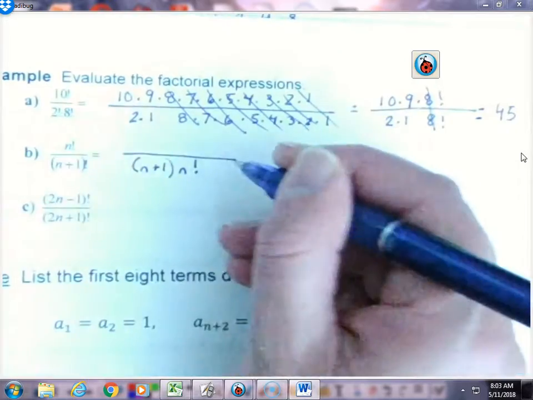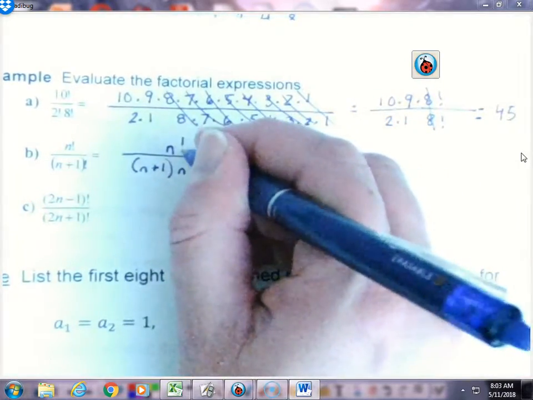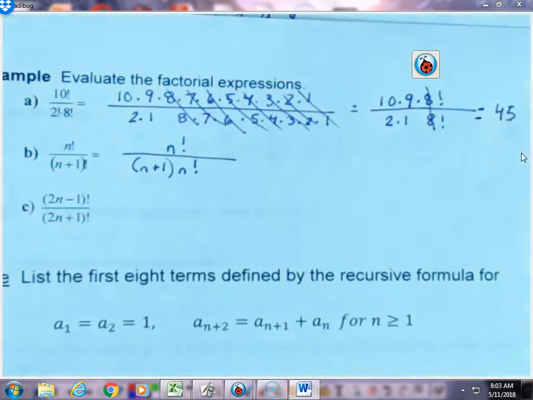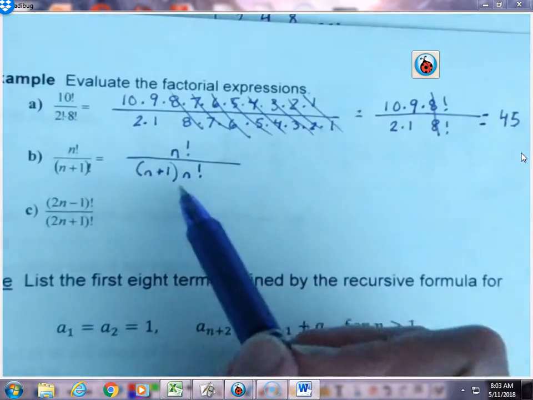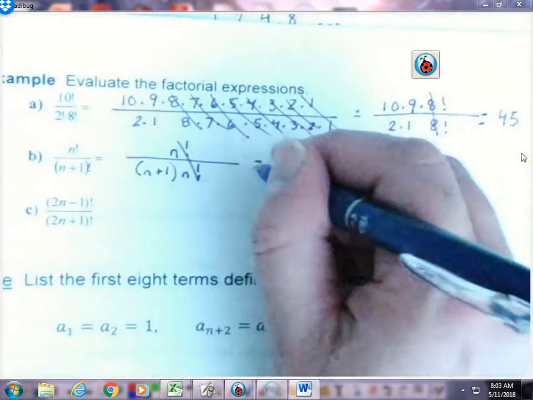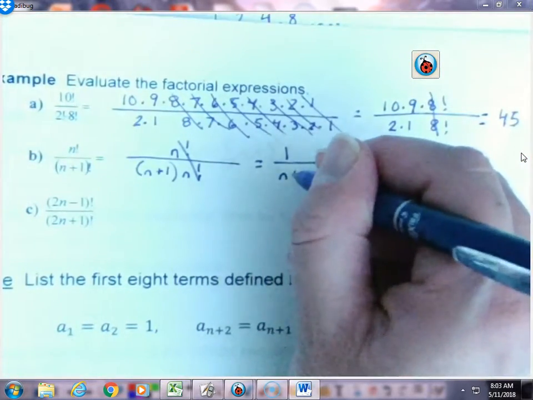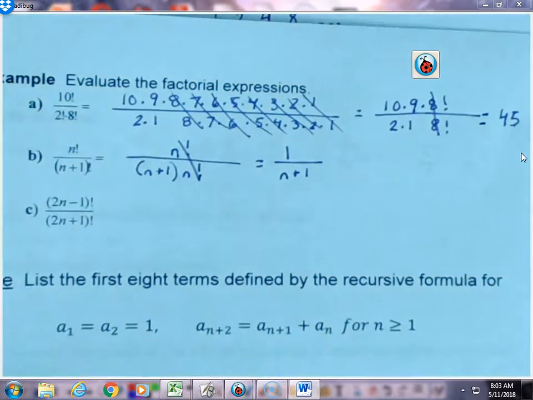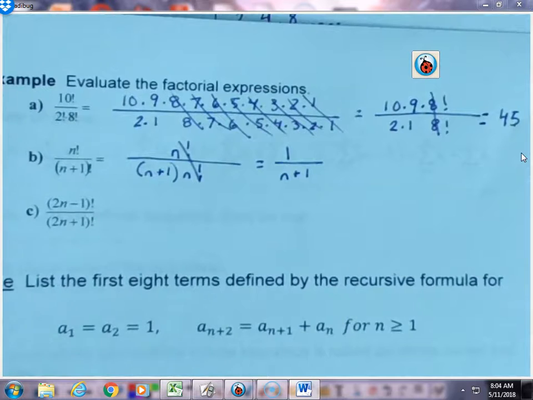So I'm just going to say n factorial, because that already matches. I could keep going, after n would be n minus 1, and then n minus 2, you just keep going down by 1. But I already matched something that I can cancel with. So this would actually just be 1 over n plus 1. Okay, which one is larger between these two?